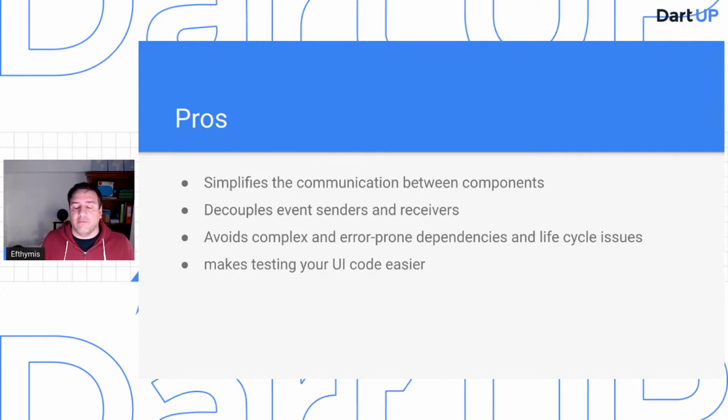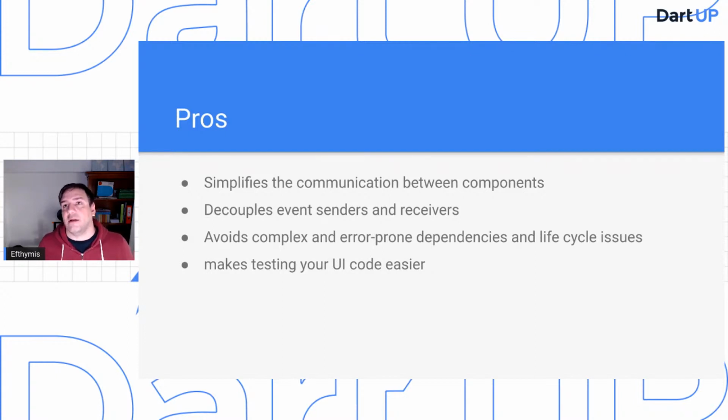So it avoids injecting services or components that are complex inside your widgets, which might have different reactions to the life cycle. Let's say you have a stateful widget and certain things are being done in the initState. But you know this service needs to react to other things as well, and those other things may come from the UI, but initState is only going to run once in the life cycle of the widget.